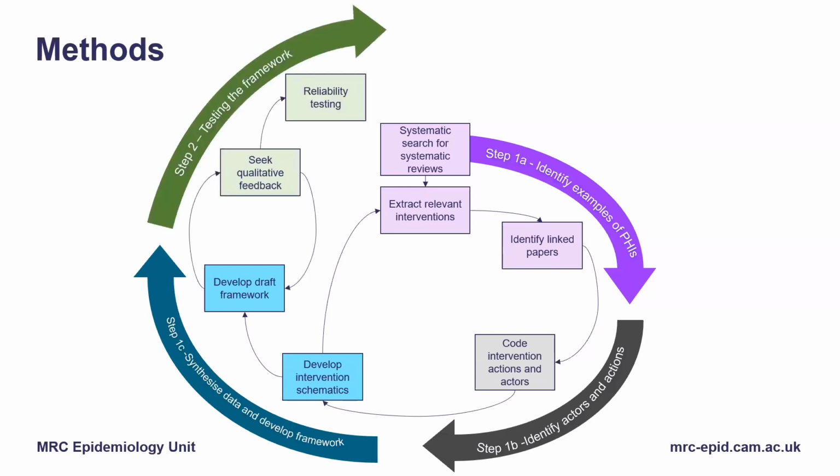Now, it's changed quite a bit since the initial draft, but we sought feedback from academic experts who gave us qualitative feedback via workshops after attempting to apply the framework. And based on this feedback, we refined the framework, and then we did some reliability testing, asking groups of academics and policymakers to apply the framework to intervention examples, and we compared their responses using inter-rater reliability statistics.